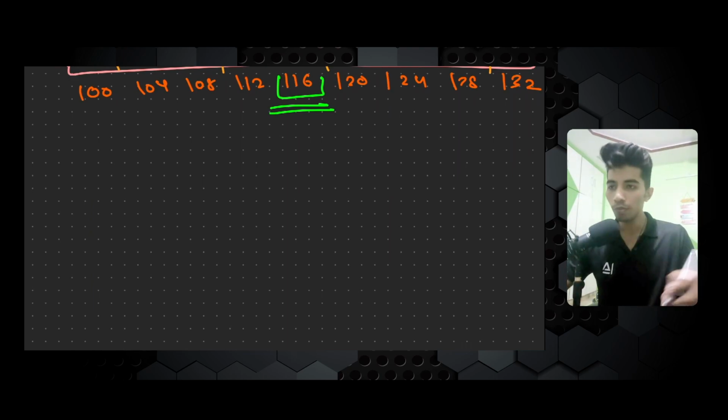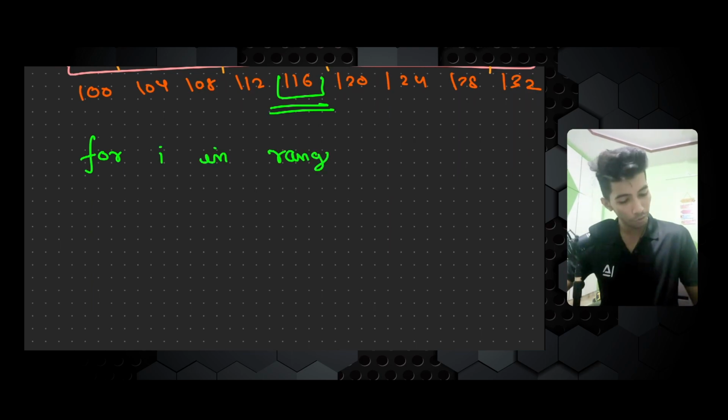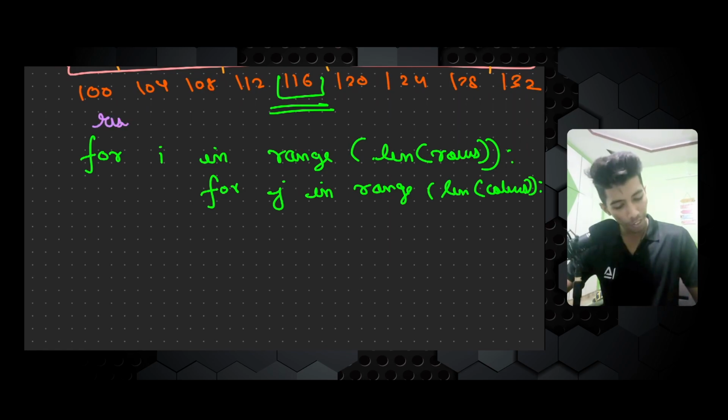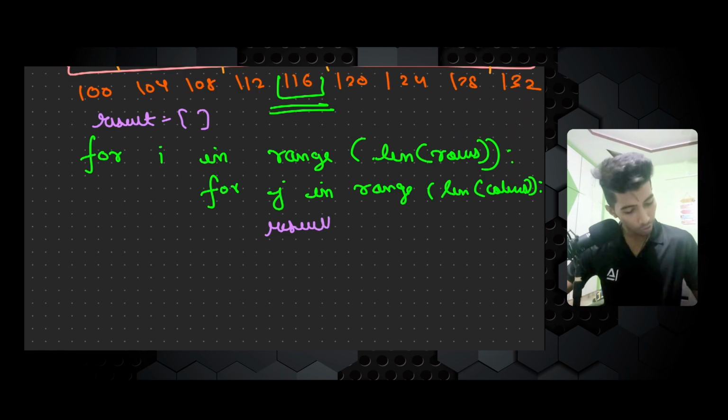So first I will write for i in range of the length of rows, and then for j in range of the length of columns, and inside that I will write result dot append, and this time there will be one change.